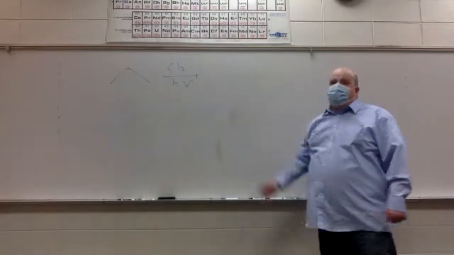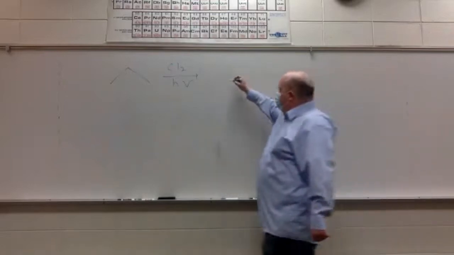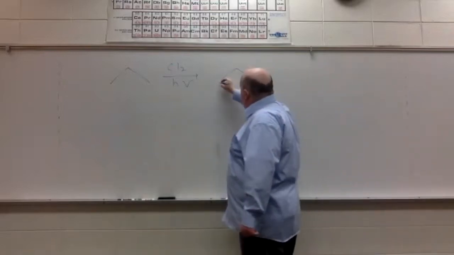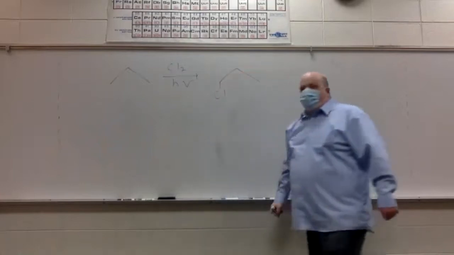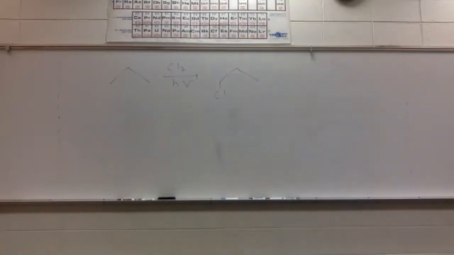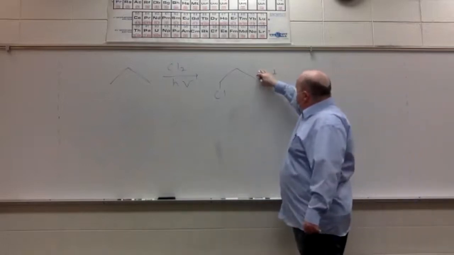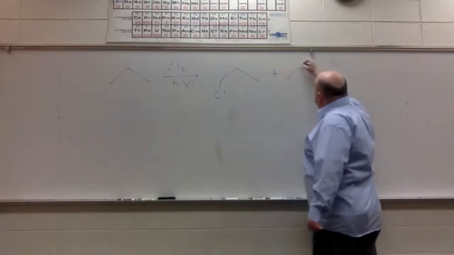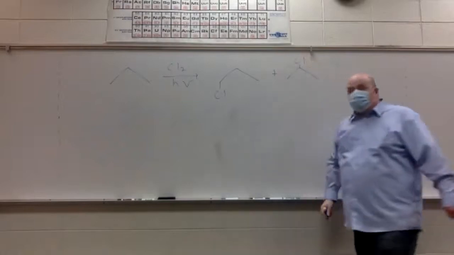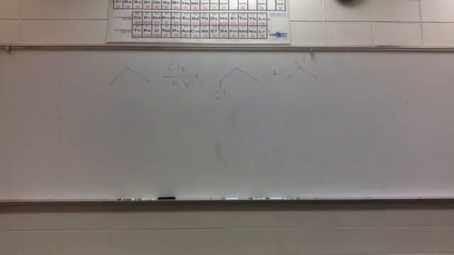There's actually two different spots where you could put chlorine. You could replace one of the H's on an end carbon, or you could replace one of them on the middle. And if you do both, you get both of those products.